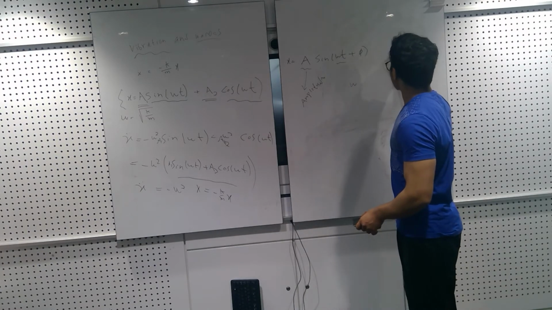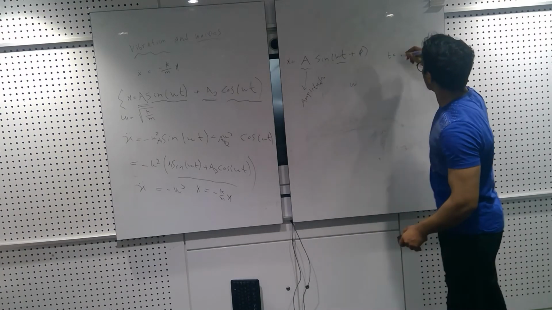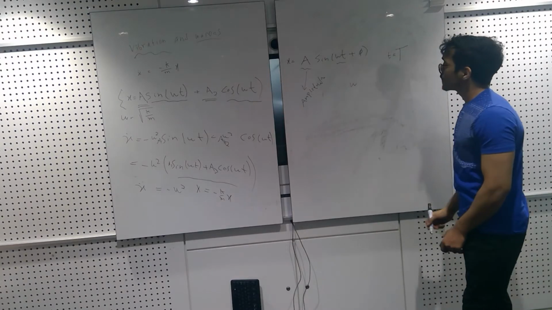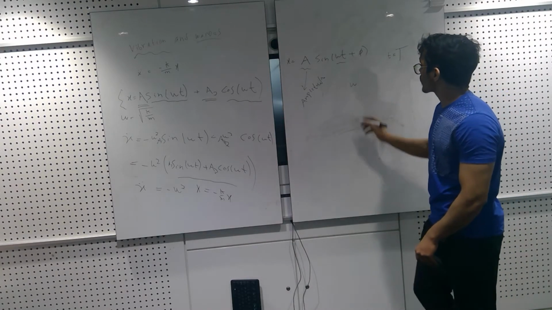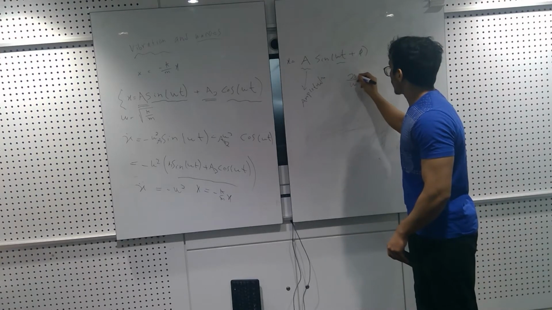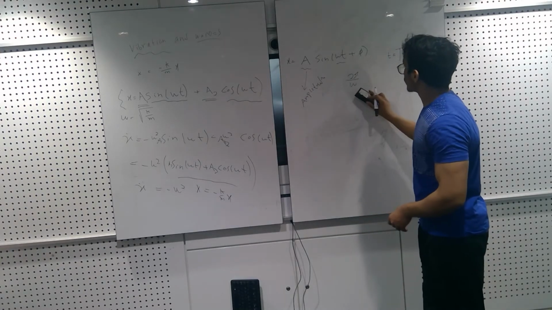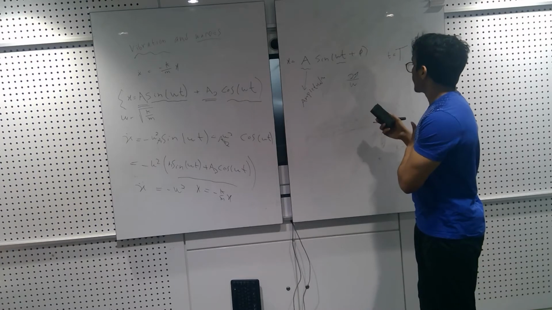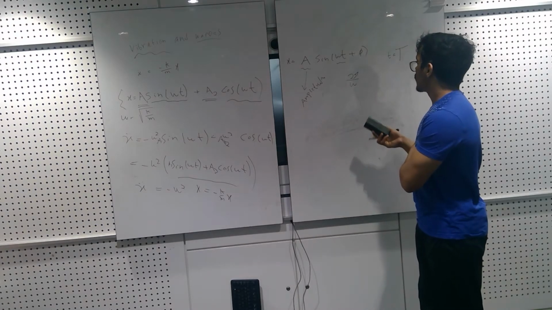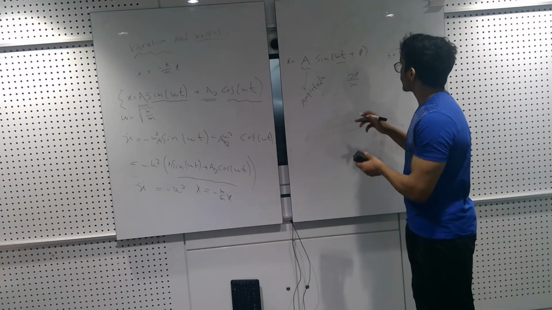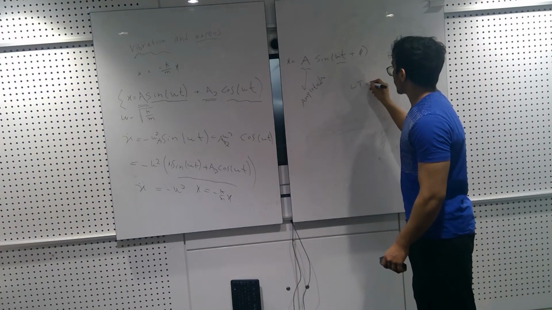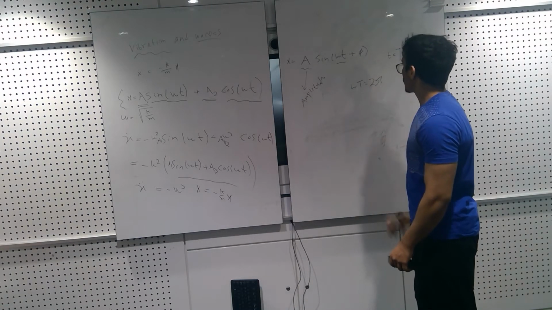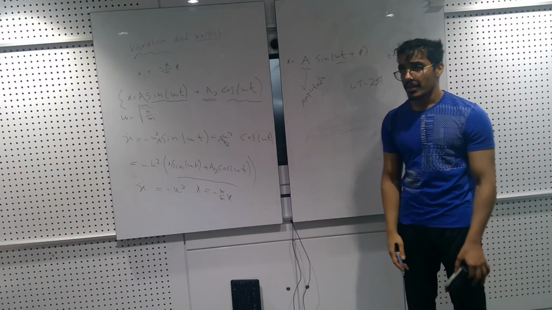There's another way to see that. Once t is equal to the time period, the argument should be equal to 2 pi. So omega times t is equal to 2 pi, because that's the period of the sine function.